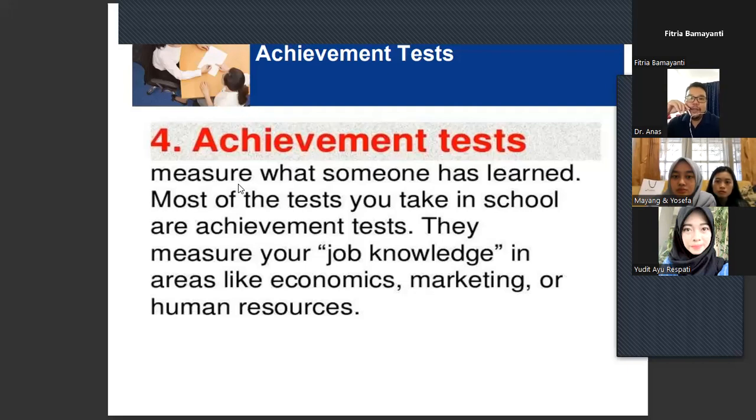Okay, clear? Basically, the achievement test in multinational companies applies if you apply for a position that is not clerk or assistant manager; it applies to middle management.